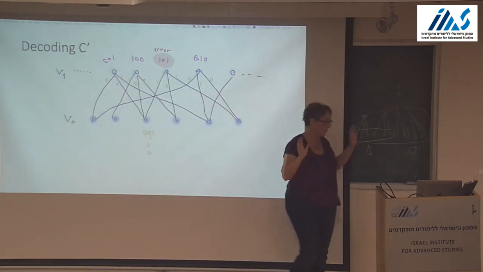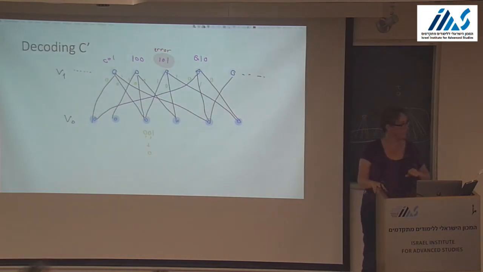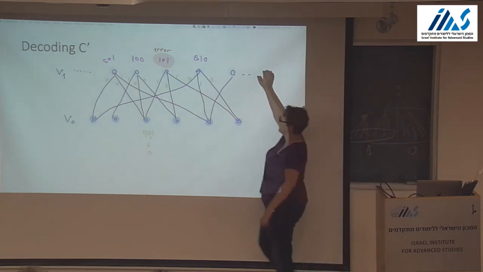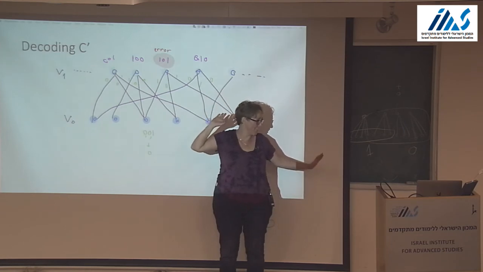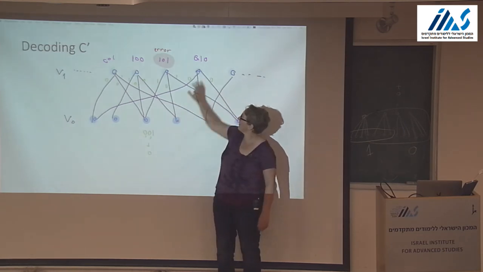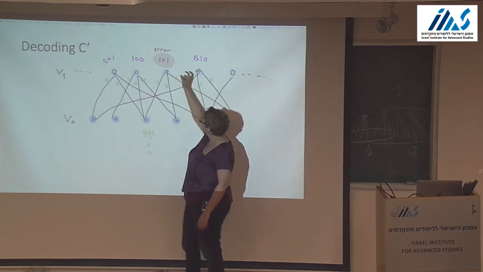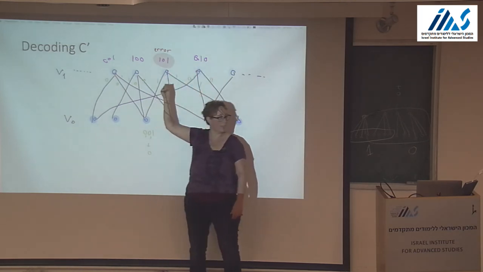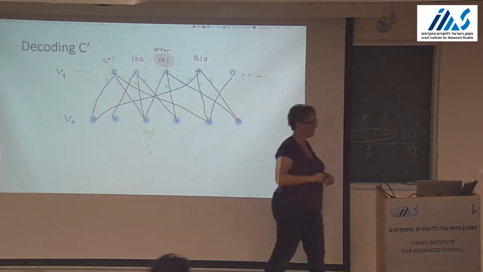The adversary can give you whatever they want. The point is that the adversary is guaranteeing you that there is a valid code word that's within distance little less than delta over 2. And this is the promise, and you need to decode.